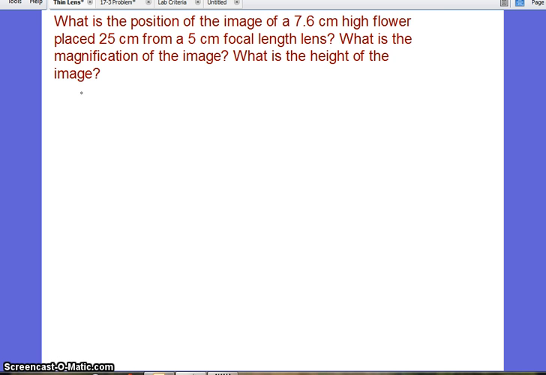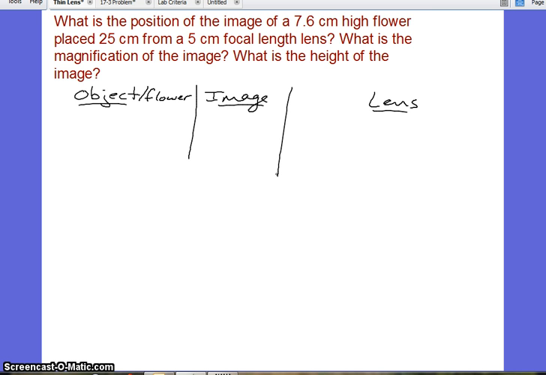So we're going to separate things. What do we know about the object? What do we know about the image? And what do we know about the lens itself? First, it says a 7.6 centimeter high flower, so the object itself, the flower, is going to have a height of 7.6 centimeters.